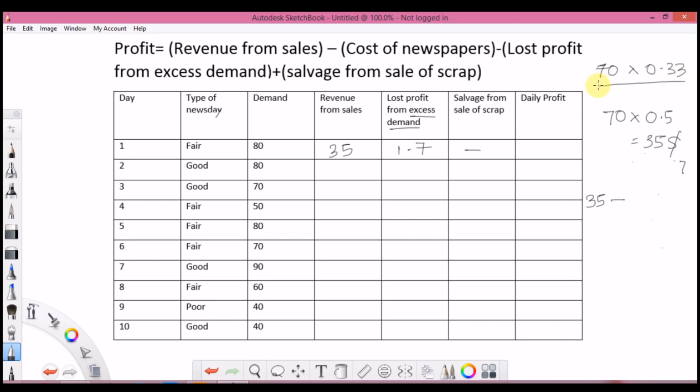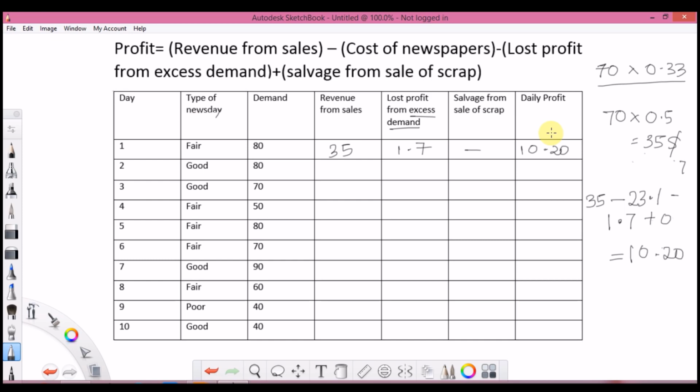So 70 into 0.33 gives me 23.1. Minus lost profit, 1.7, plus 0. This gives me 10.20. So that becomes my daily profit, and I can write 10.20 here. The next thing we look at is the second customer, or the second day.